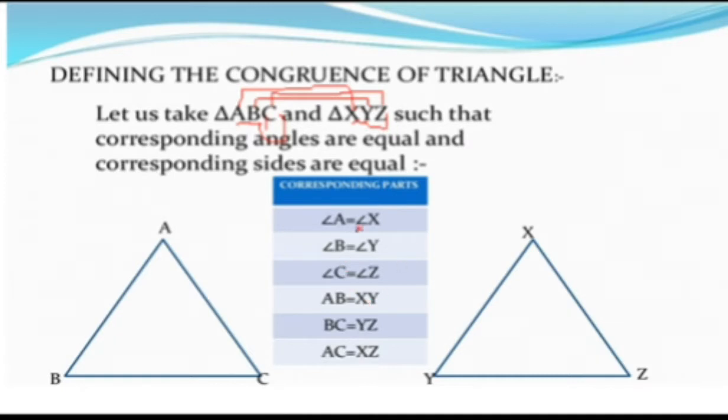Clear? Same thing I have written here. Angle A is equal to angle X, so they are called corresponding angles. That means you can't say angle A is equal to angle Y or angle Z. Even though they may be equal, you will say only angle A equals angle X, angle B equals angle Y, angle C equals angle Z. Clear?